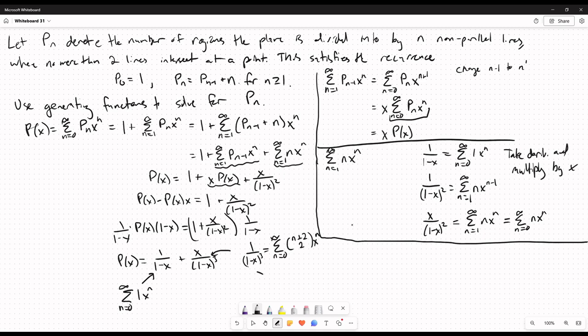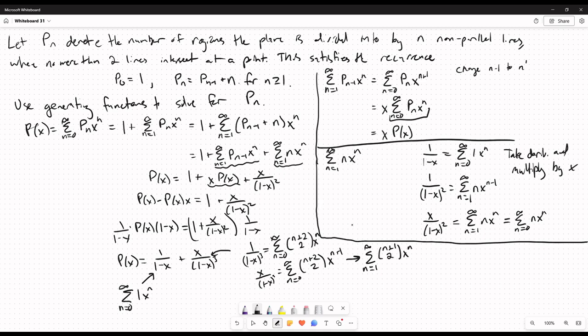So that means that x over 1 minus x cubed should equal the sum from n equals 0 to infinity of n plus 2 choose 2 x to the n plus 1, which you can go ahead and re-index to the sum of n equals 0. Actually, no, that would be n equals 1 to infinity of n plus 1 choose 2 x to the n.